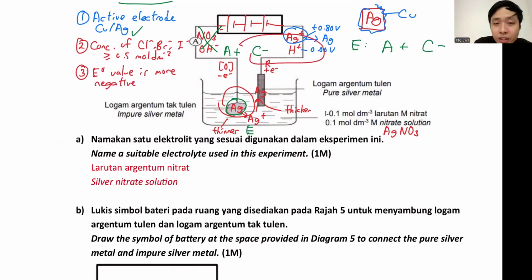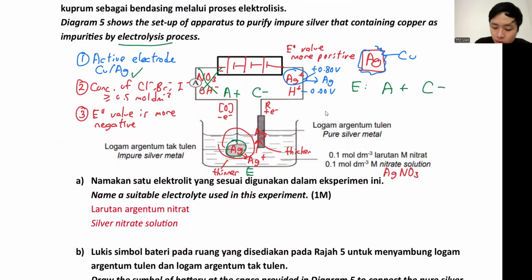For cathode, only got one factor. Just like I told you, right? Cathode only got E naught value more positive. That's it. Of course, you always choose this factor for cathode. For anode, since you got active electrode, so you choose active electrode to undergo oxidation.